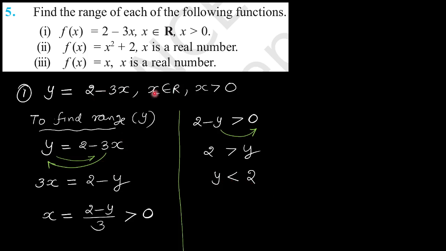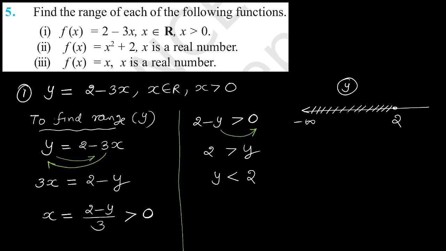Then only this condition is satisfied. What does y less than 2 actually mean? Understood? It does not reach 2, but the value of y should lie between minus infinity and 2. Y will be less than 2 only if y lies between minus infinity and 2.